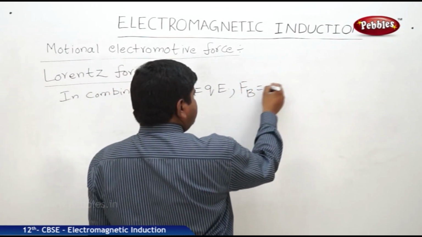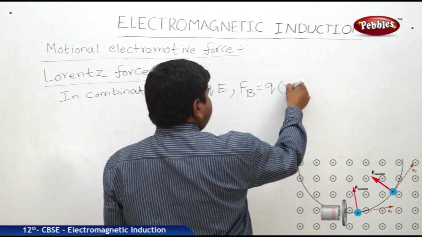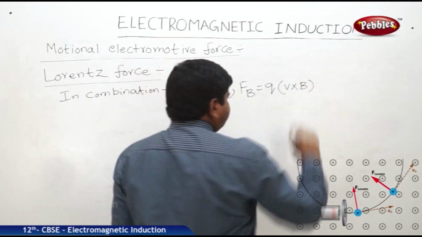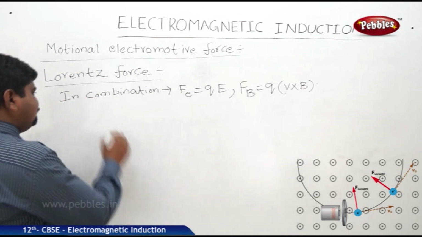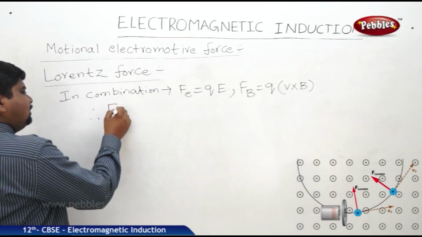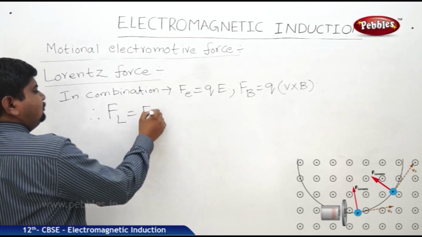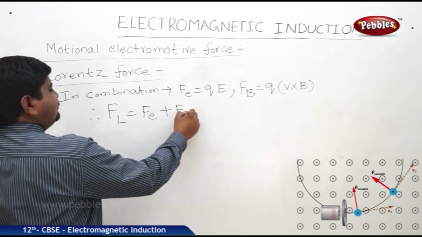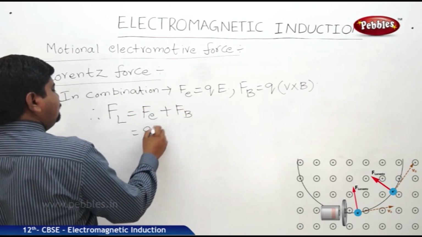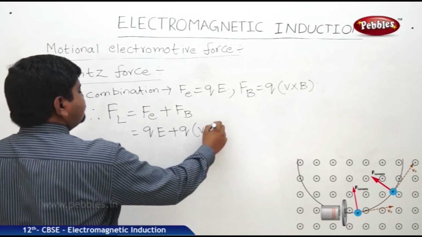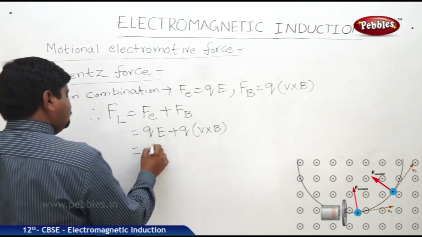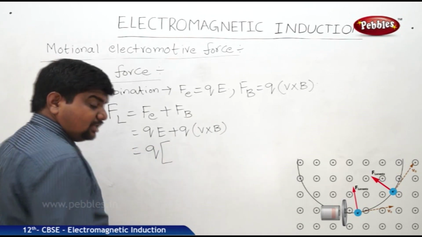Fb is equal to Q into V cross B, where velocity and magnetic field are perpendicular to each other. Therefore, Lorentz force FL is equal to Fe plus Fb, QE plus Q into V cross B. Now, Q is common.